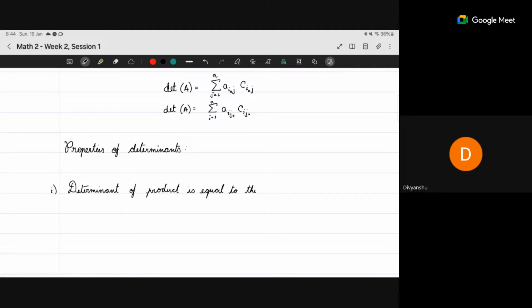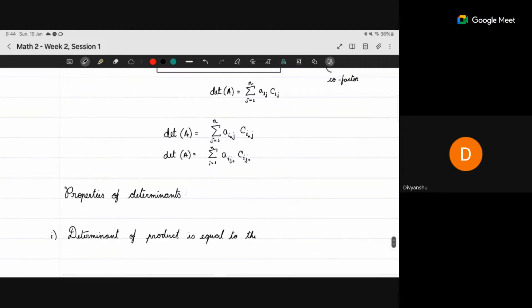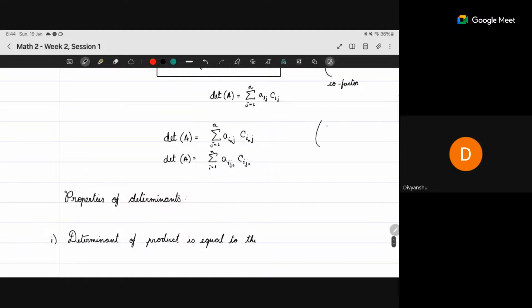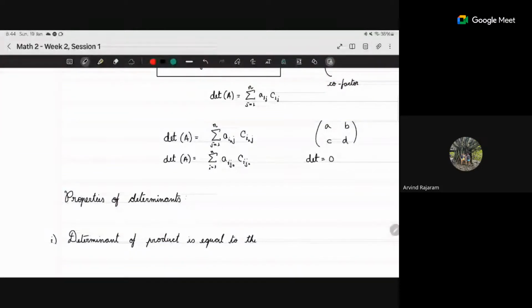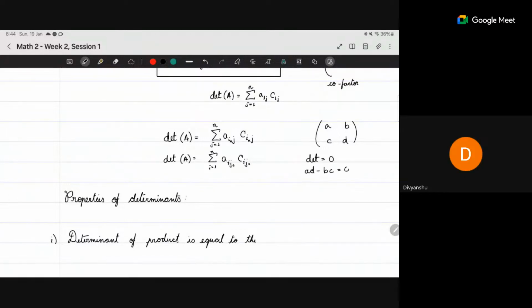There is something that I can do for you in the small case of 2 cross 2. Now let us take a, b, c, d. You look at these things, (a, c) and (b, d), the column vectors or the row vectors, it doesn't matter. What is determinant equal to 0? That is ad minus bc is equal to 0, correct? Yes, sir. Now this is ad is equal to bc.